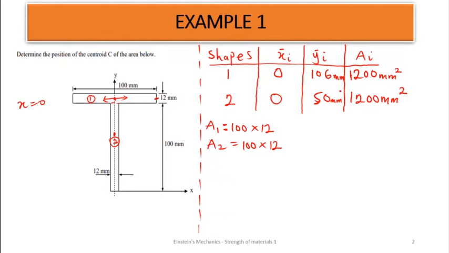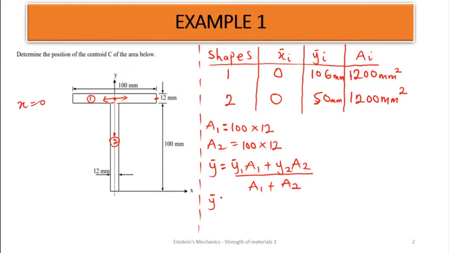Once we have these parameters, we know our formula. Since the x component is not of interest to us again, we are going to consider the y component. The formula is y bar equals y1 area 1 plus y2 area 2, everything over the summation of area 1 and area 2.